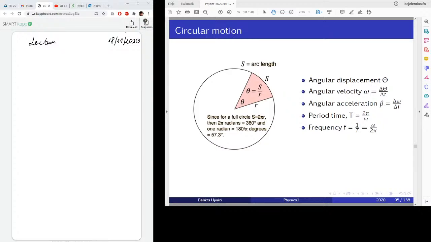The only trick is the periodicity: after 2 pi, physically you will be in the same position. So you are here at pi over 2, at 2 pi plus pi over 2, and at any n times 2 pi plus pi over 2, you are at the pi over 2 position.